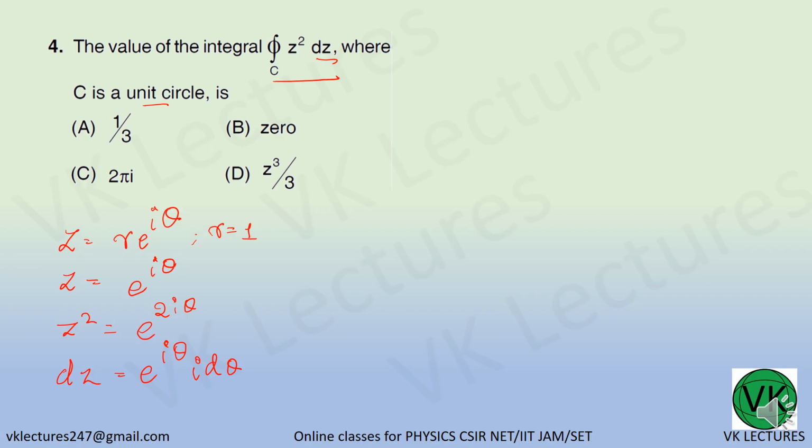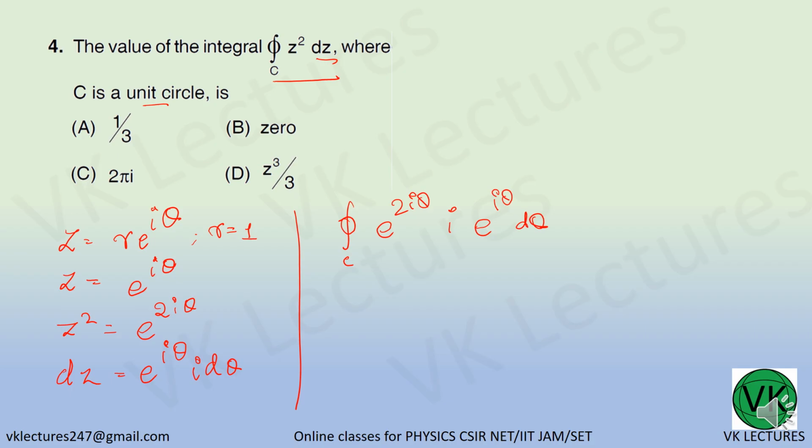Okay, so we have the quantities whatever we required. Then we want to find the integral over c of z square dz. z square is nothing but e power 2i theta into i e power i theta into d theta.